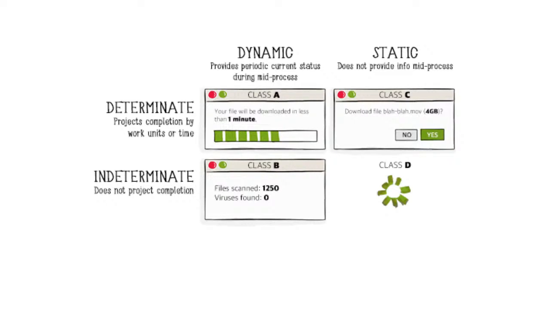Dynamic as in, this period of time is not specific and keeps changing, so you don't know how long a page is going to take to load. Or maybe in a few scenarios you'll know how it's going to load. So these are the four kinds of progress indicators that you can think of.